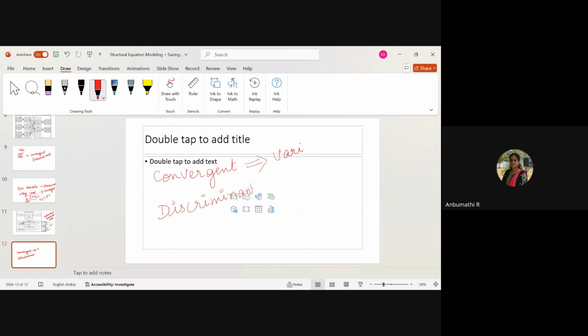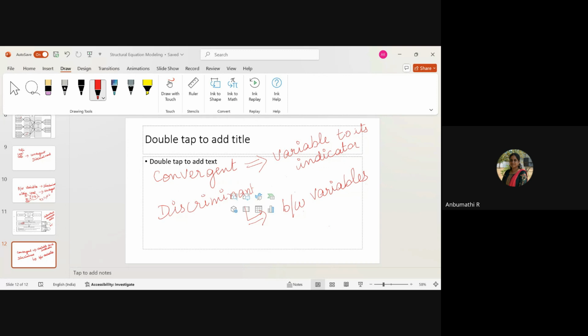While discriminant validity should be established between the variables. So convergent validity should be established with the variable and indicator relationship. So this is what convergent and discriminant validity are.